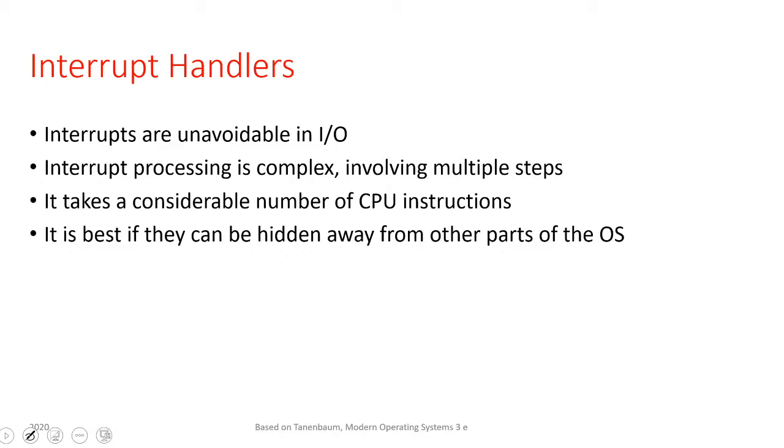Starting from the bottom, we have the hardware layer. The next one is the interrupt handlers, and interrupt handlers are an unavoidable thing in input output, but they are also not so great because they can hinder the performance of the CPU. So we have to manage them considerably.